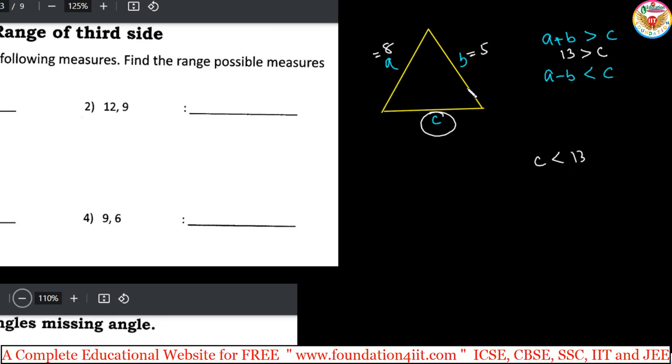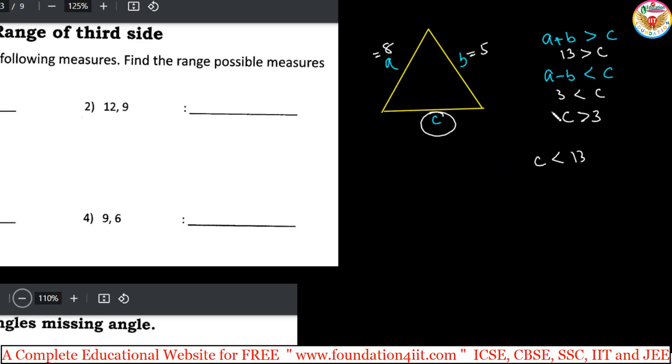Next, the difference, 8 minus 5, is 3. 3 is less than C, so C is greater than 3. C value must be more than 3 and less than 13.